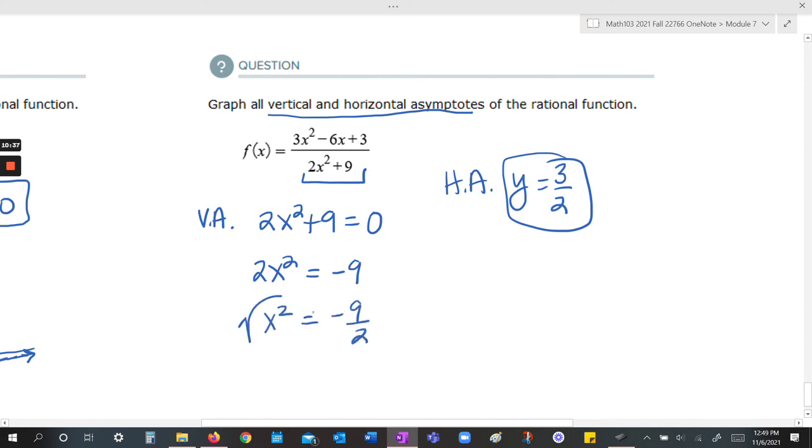Take the square root of both sides. We could simplify the square root a little bit, but the point is we're taking the square root of a negative value, so we get plus or minus something with i. So this is going to be, again, none.